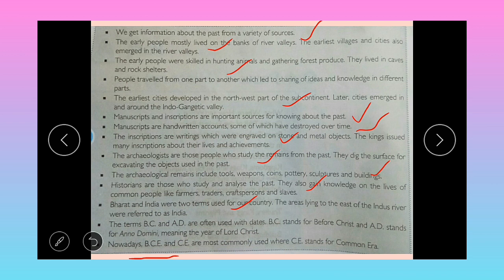BC is equal to BCE, and AD is equal to CE.